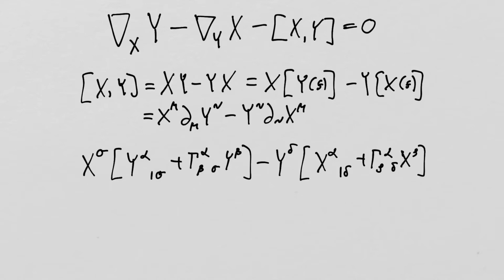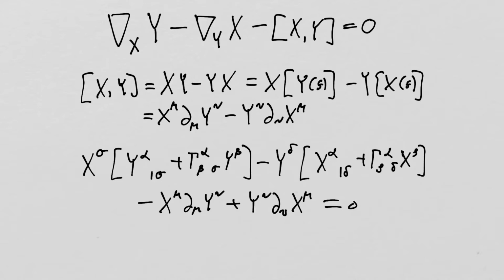So we have that, and then we're going to subtract these two from it. So then we have minus x mu partial mu y nu plus y nu partial nu x mu. I keep saying gamma when I mean partial sometimes. Alright, so this whole thing equals 0.